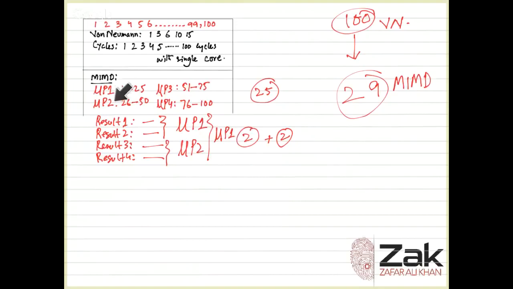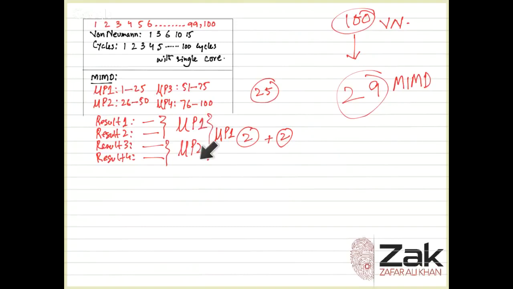How? These 4 will output their own result. Result 1, result 2, result 3, result 4. These 4 results, half and half, will be taken and given to 2 CPUs now.